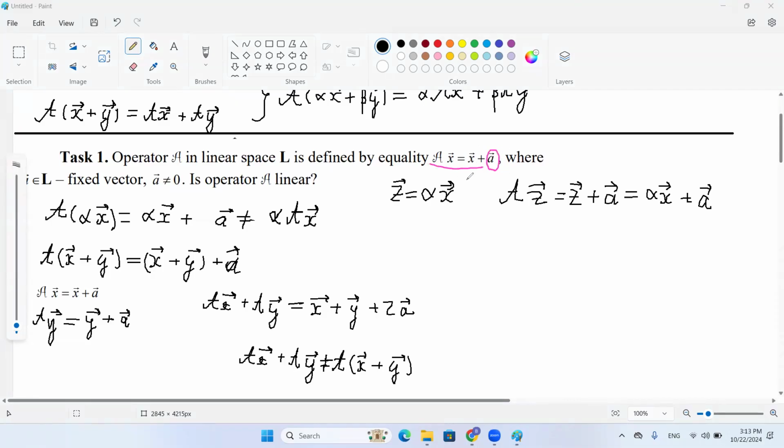Actually, that's the rule by which this operator works. You know, like functions, for example, f of x depending on x equals x plus a, like it was at school. Analogically to this operator, it takes the vector x and adds to it vector a.